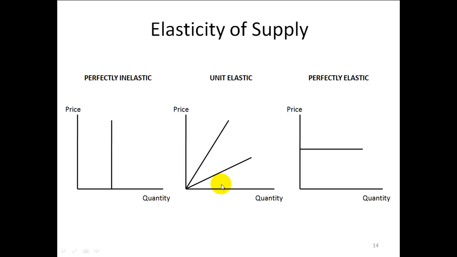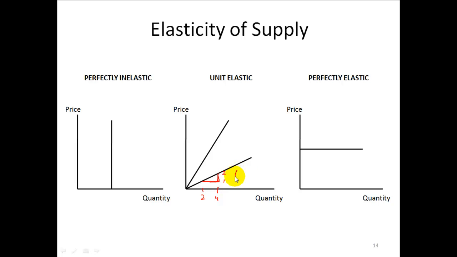Let's say that you have a quantity of 2 over here and a quantity of 4, and as you go from 2 to 4, let's say that price goes up from 1 to 2. So as you go from 2 to 4, the percentage change on the quantity axis is the same as the percentage change on the price axis. So your numerator and denominator are the same, so your elasticity is 1.